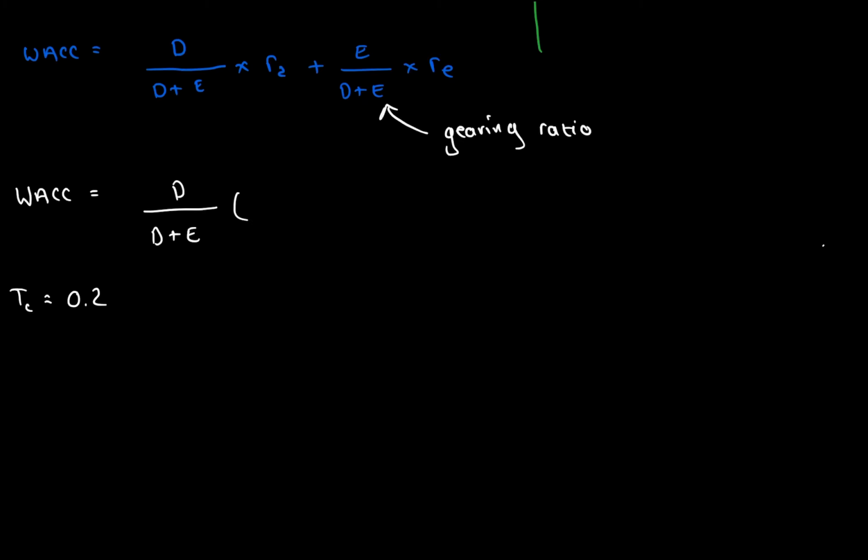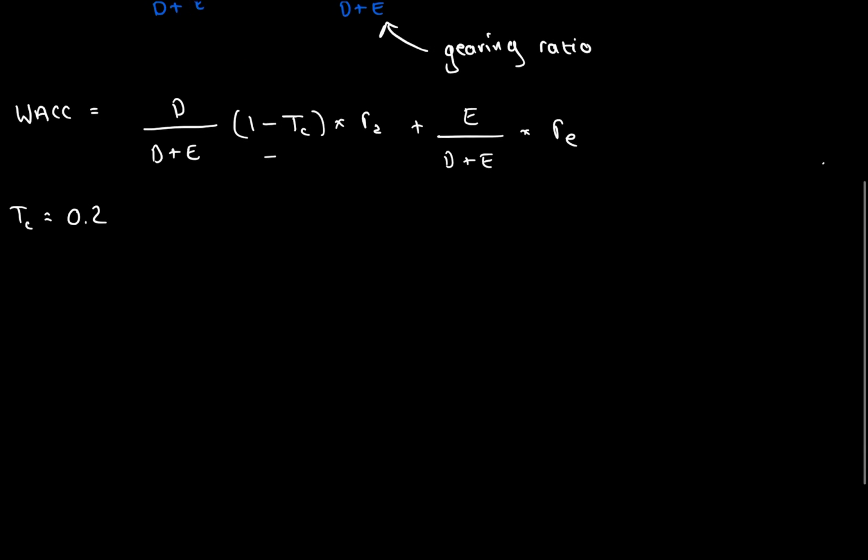So 1 minus the corporation tax, times the cost of capital for debt, plus, once again, equity over debt plus equity, times the rate of equity.